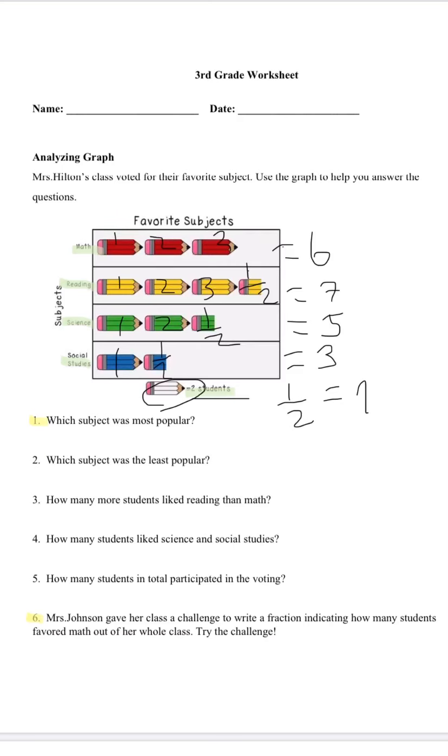So 6 students picked math, 7 students picked reading, 5 students picked science, and 3 students picked social studies, okay? So which subject has the most students? What subject got the most votes? Well, reading did, right? So let's go ahead and write reading.